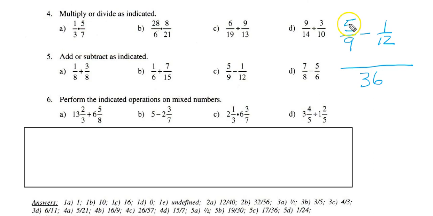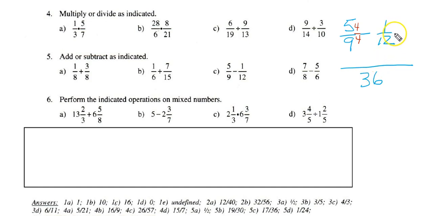to convert 5/9 into an equivalent fraction that has a denominator of 36. What form of 1 will I multiply it by? And if you said 4/4, that is correct.